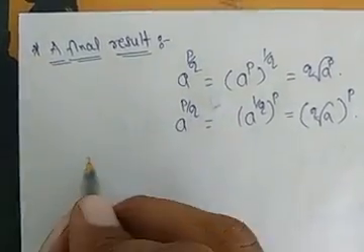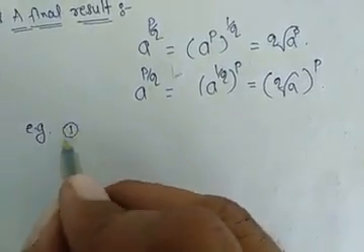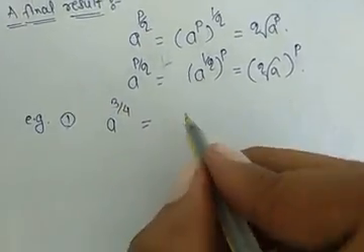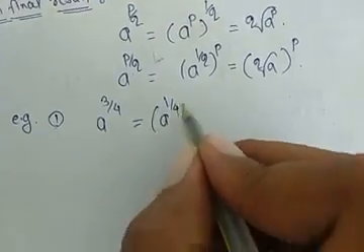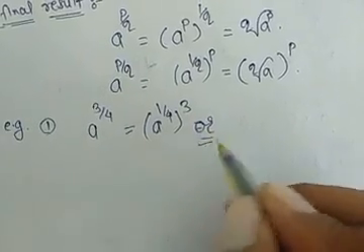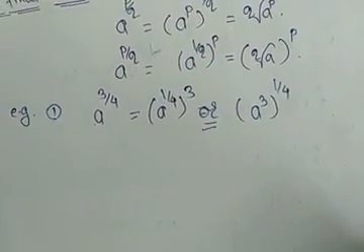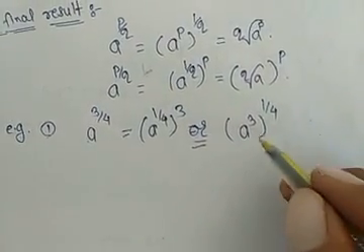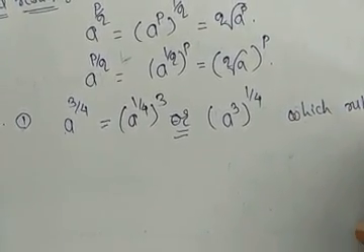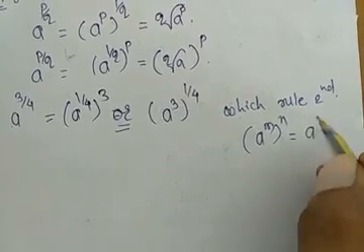Now we go through the examples for this result. If we take a raised to 3 upon 4, which is also written as a raised to 1 upon 4 bracket raised to 3, or also written as a raised to 3 bracket raised to 1 by 4. Okay, we find this by rule number two, which is a raised to m raised to n is equal to a raised to m into n.